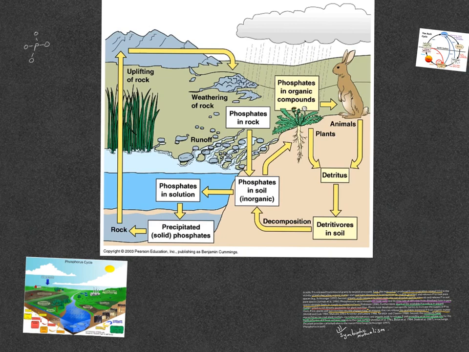But phosphate, in essence, is 4 oxygens attached to a phosphorus atom. So this phosphate is in rock, and it's trapped in this mineral that's very difficult to get out. It's part of a rock. So I don't know how long it would take you to break a rock apart. But even if you broke it up into dust, it still would be trapped with other elements in a crystal.